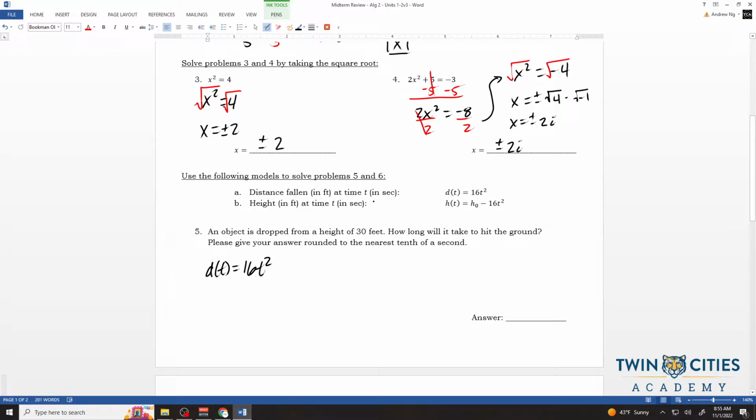Okay, so it's falling from a height of 30 feet. Or in other words, d of t is the distance traveled over a certain amount of time. I don't know how much time has elapsed, but I do know that the distance that's going to be covered is this 30 feet because it's going to hit the ground. So I can fill in for d of t, this is going to be 30.